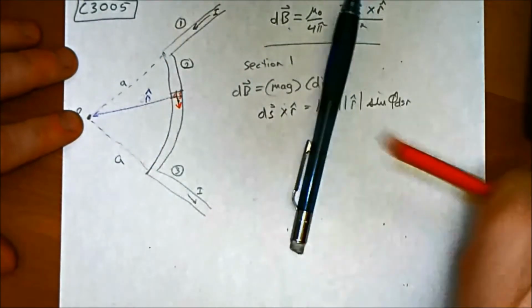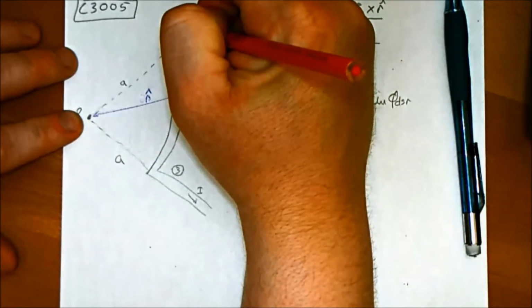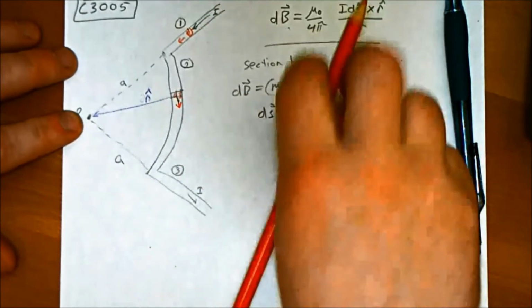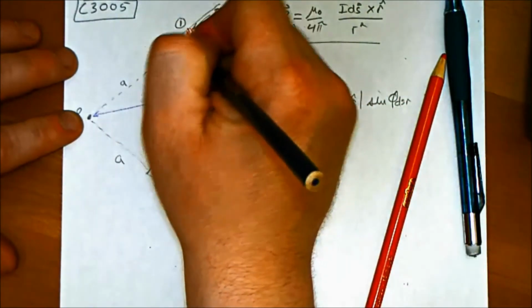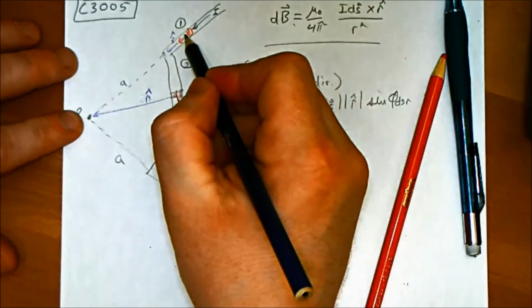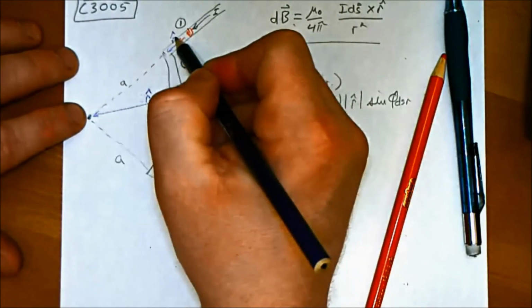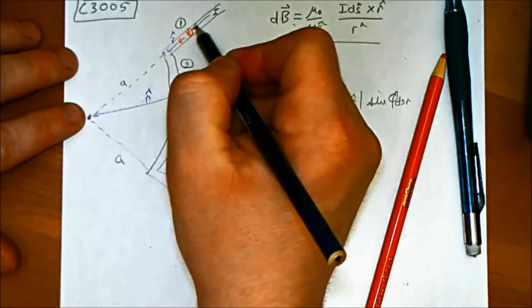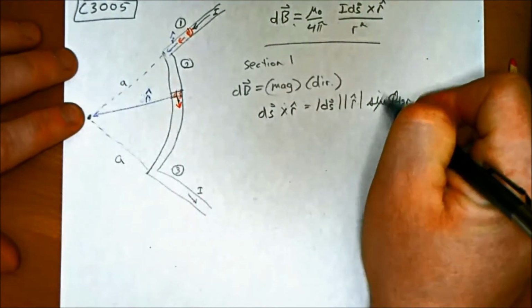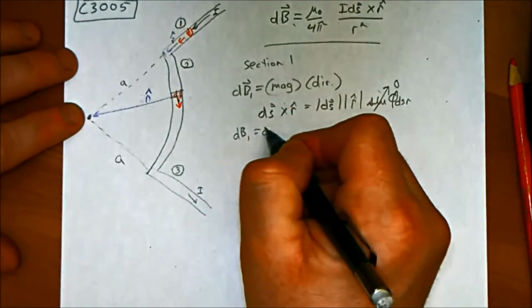Well, this angle is 0, because ds points in this direction, that's the wire we're integrating along, and r hat points in this direction, because the vector r connects ds to the observation point. They're both in the same direction. Sine of 0 degrees is 0. So dB1, I'll call it, equals 0.